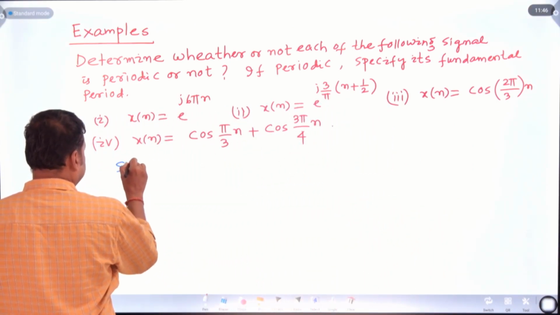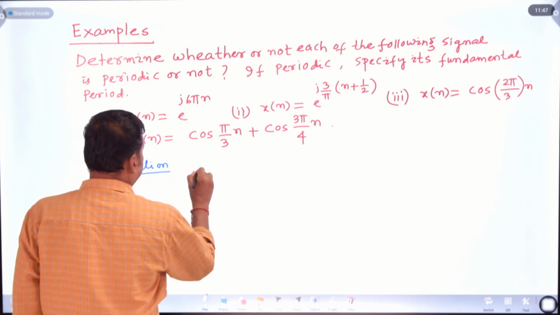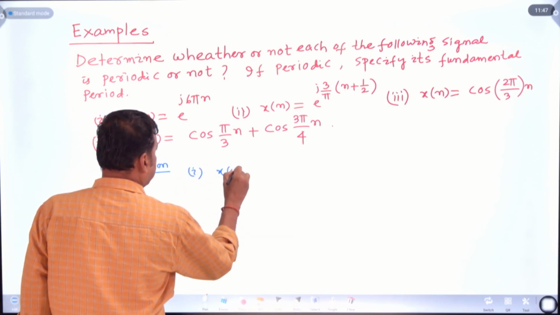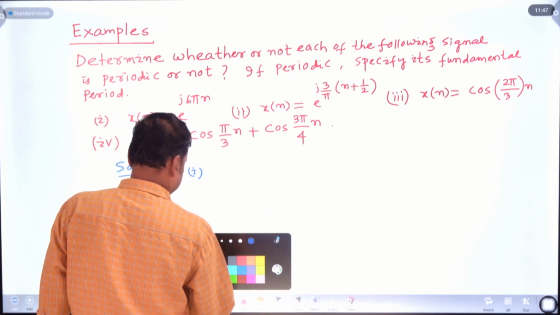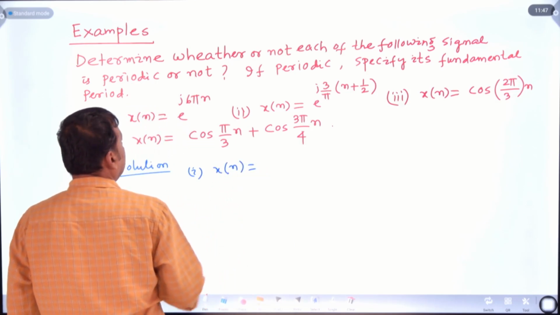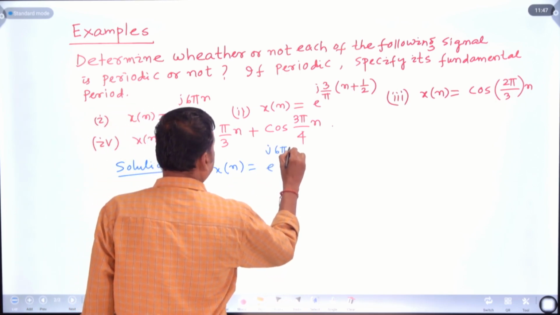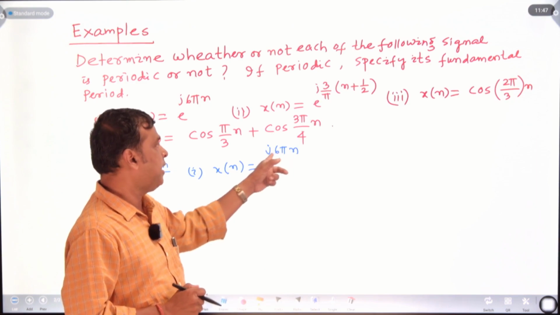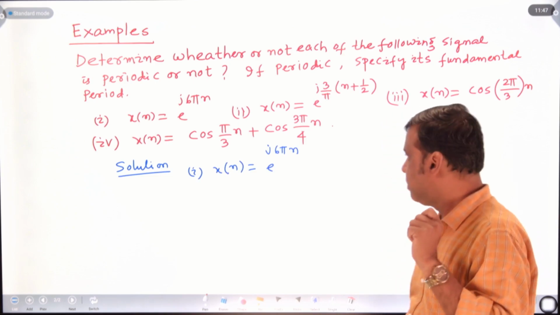Here, the first example is X of n equal to e to the power j 6 pi n. It is clearly mentioned that this pi is multiplied. e to the power j theta equal to cos theta plus j sin theta, so cos 6 pi n plus j sin 6 pi n.